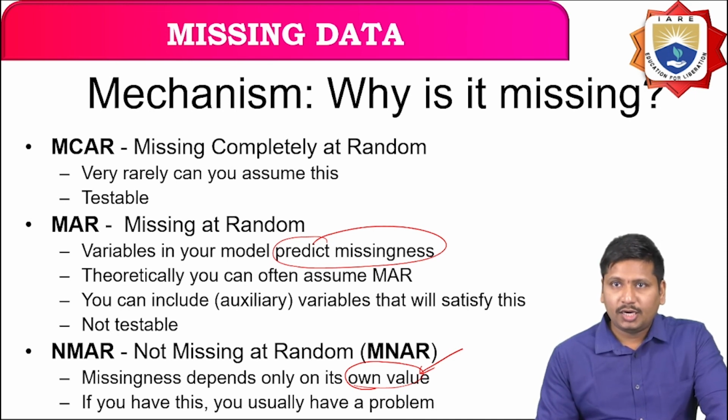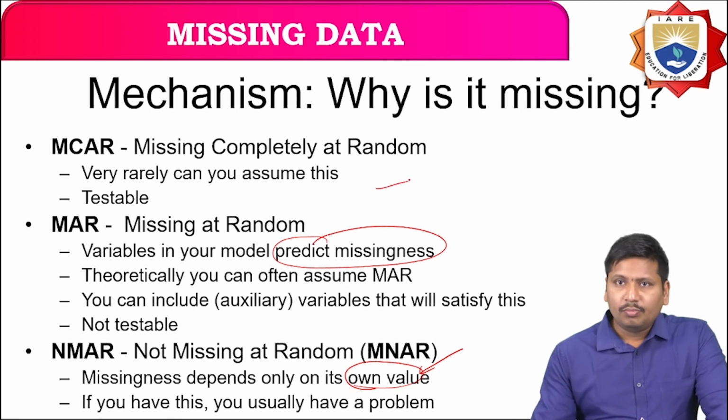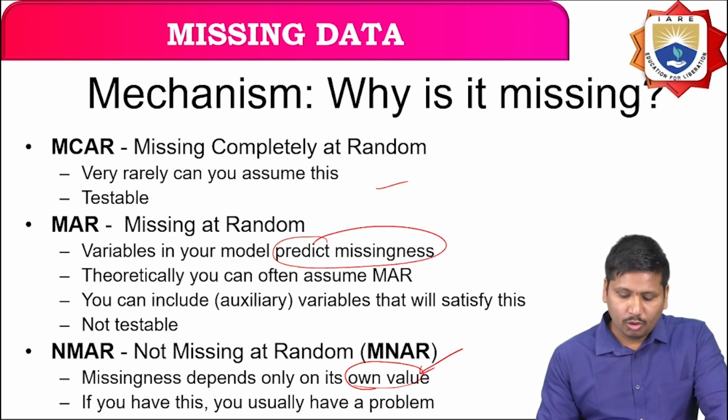Missing completely at random is one of the best. Missing at random is the case where you can identify the predictiveness and fill the missing data with auxiliary variables. And not missing at random depends upon its own value itself.